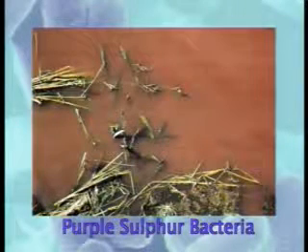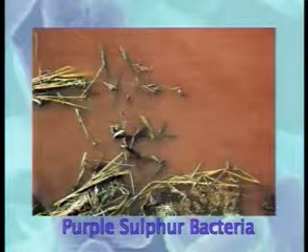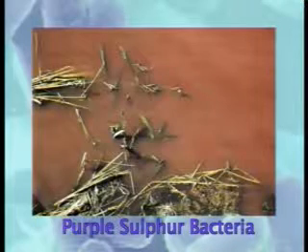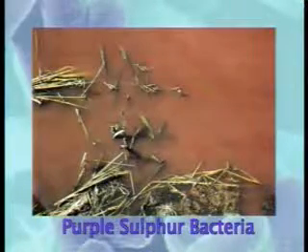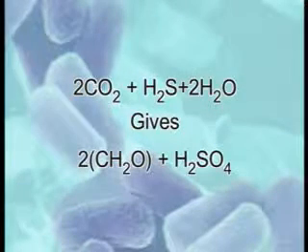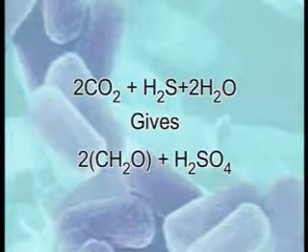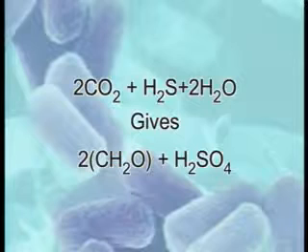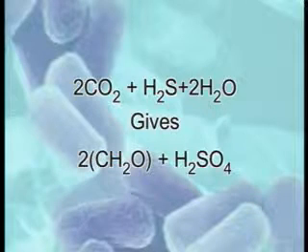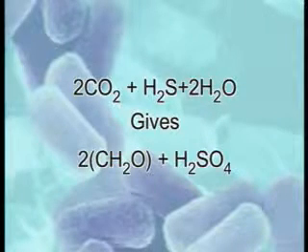Now we have one more group of bacteria which we call purple sulfur bacteria. These are also autotrophs and their photosynthetic pigments are bacteriochlorophyll a and or b. The reducing power is provided by hydrogen sulfide, which is oxidized anaerobically via elemental sulfur to sulfate.